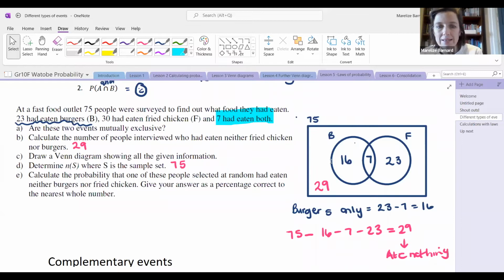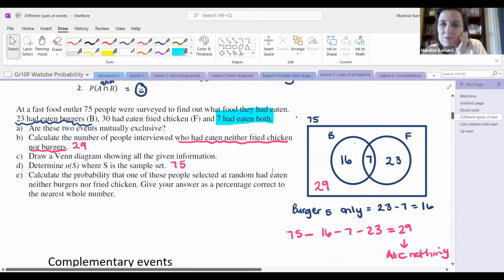We just worked out how many people in question B had eaten neither fried chicken nor burgers, so we can calculate the probability. Let's get more answers. We must round to the nearest whole number.